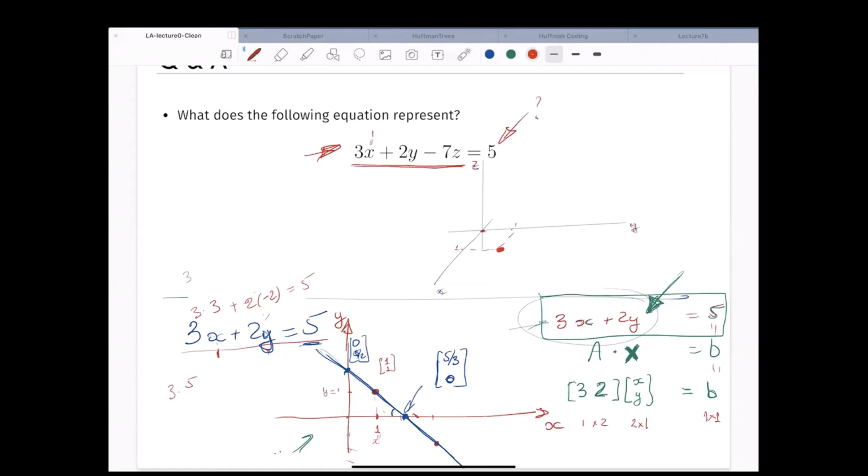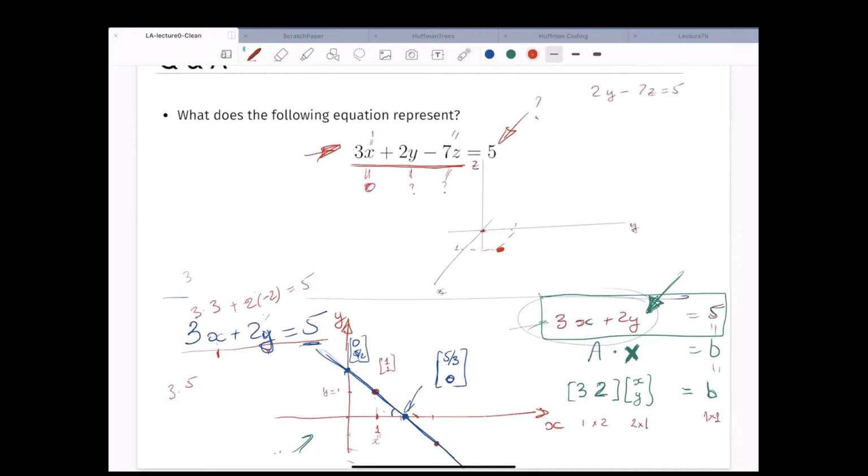So x is 0, and I want to find out what z and y are. Where would z and y be? Now I clearly have some point where x is 0, and y is something, and z is something, right? So something like 2 times y minus 7z is 5.